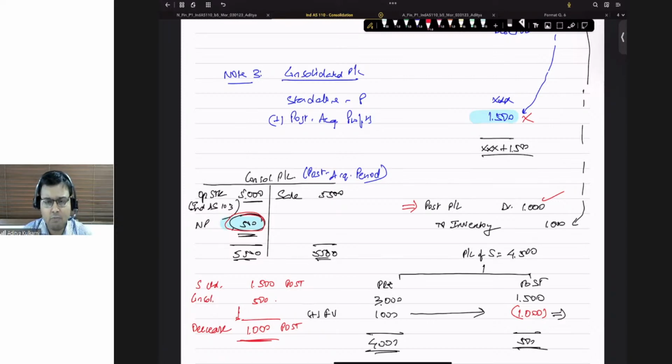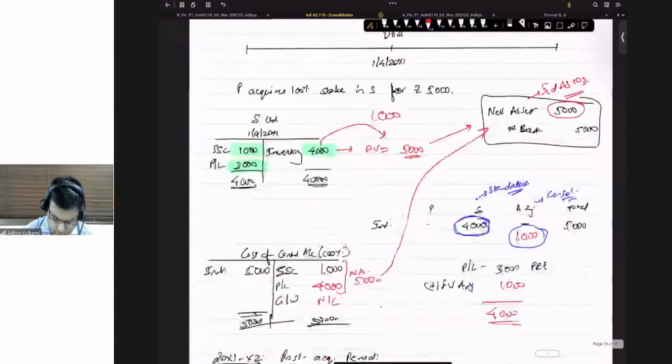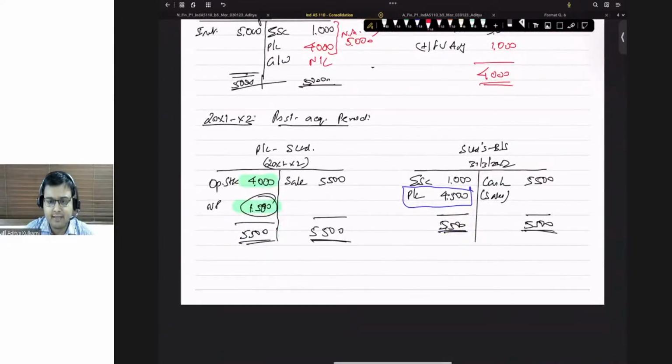In the standalone books, now please pay attention. In the standalone books, कहाँ गया?